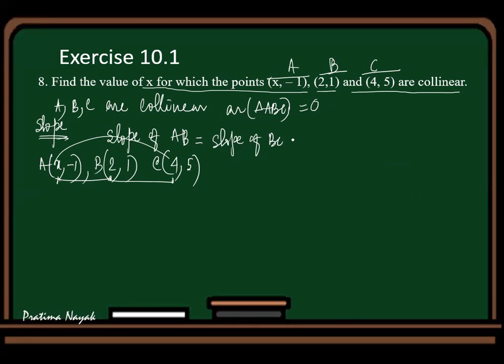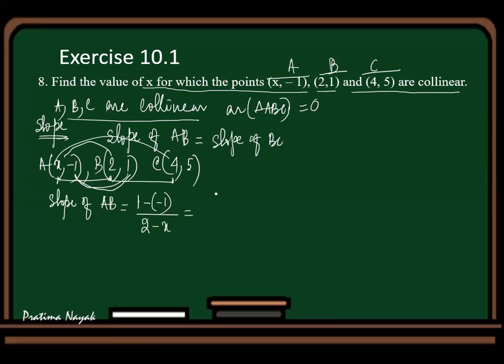So since they are collinear, area is 0, or the slope of AB is equal to slope of BC, as ABC are collinear. We have already mentioned the slope of AB. I hope you have learned how to find y2 minus y1, 1 minus minus 1 upon x2 minus x1, 2 minus x.